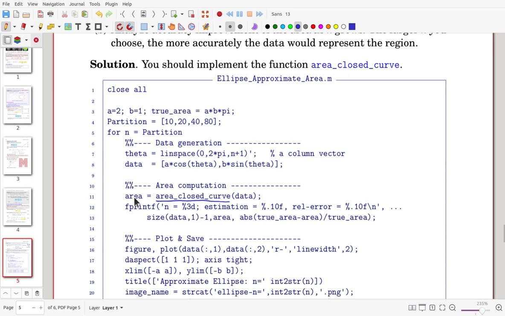Now, after getting the area, we print out the estimated area, and at the moment the error. So the area and true area, the difference will be divided by the true area, so that this quantity is the relative error.